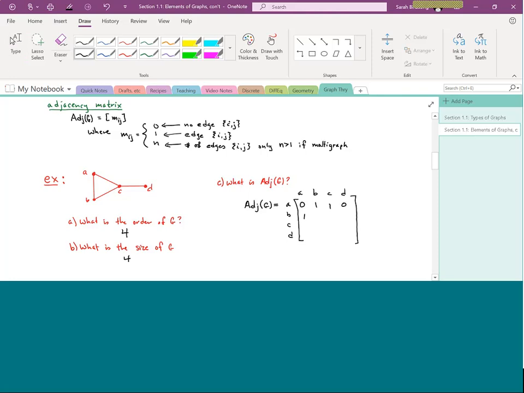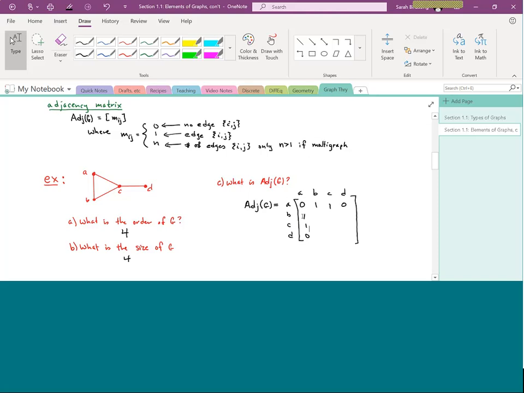In an undirected graph, the adjacency matrix is automatically its own transpose. Why? Because the order doesn't matter, so every row will correspond to its appropriate column, as long as you keep the vertices in the same order. If you scramble the vertices in two different orders, that's not going to stay true.